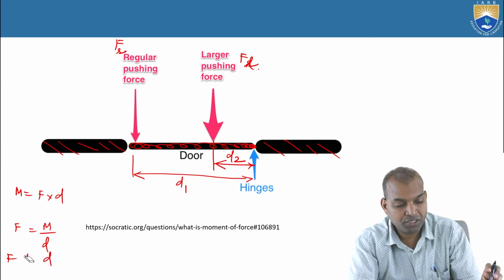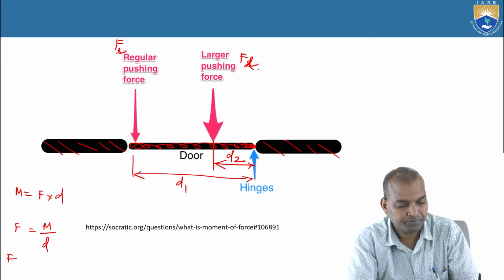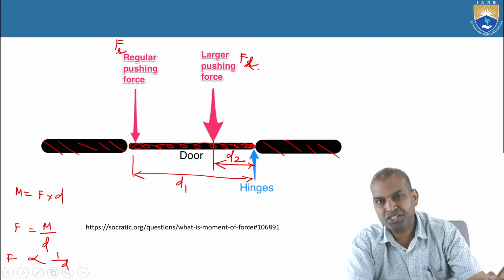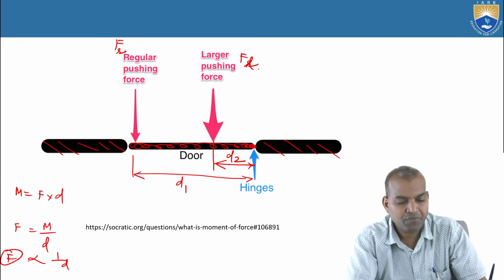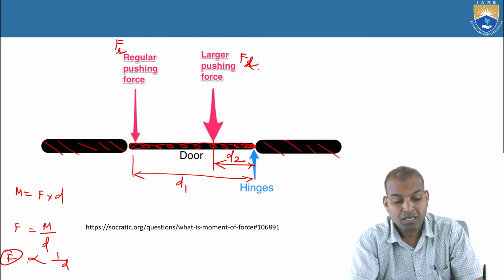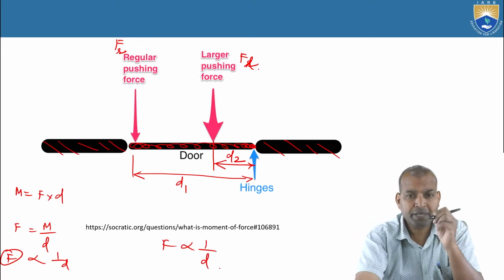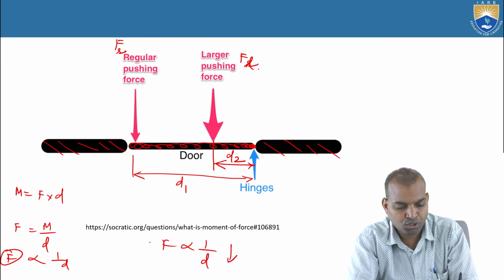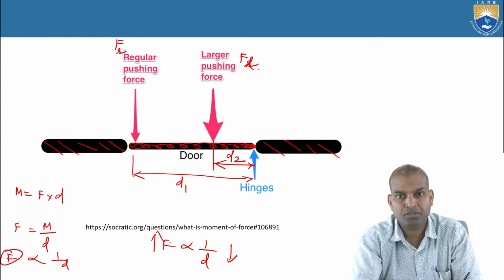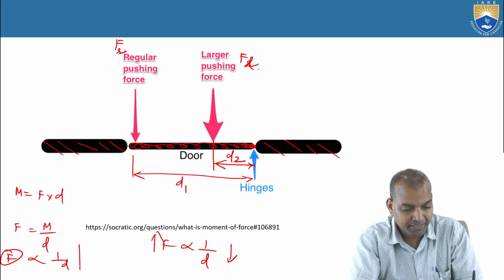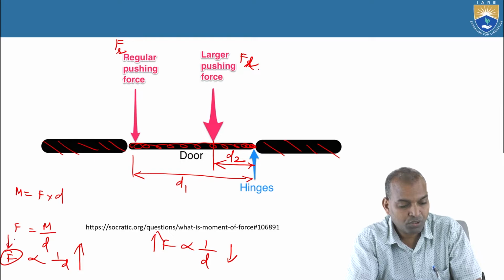F is inversely proportional to D. So when D increases, what will happen? F reduces. When D becomes low, F needs to be more. When D is high, F becomes low.